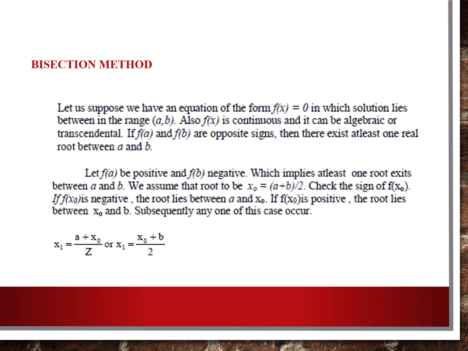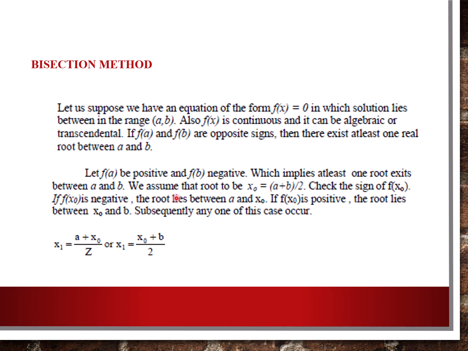If f of a and f of b are of opposite sign, then there exists at least one root between a and b. Let f of a be positive and f of b negative, which implies at least one root exists between a and b.